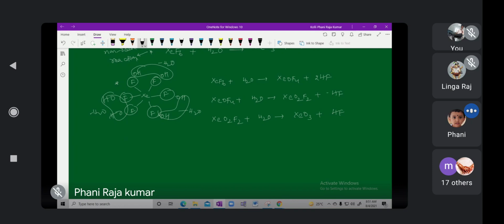Two HF, two HF, two HF. If you add, we are getting the final reaction: XeF6 plus 3H2O gives rise to XeO3 plus 6HF.